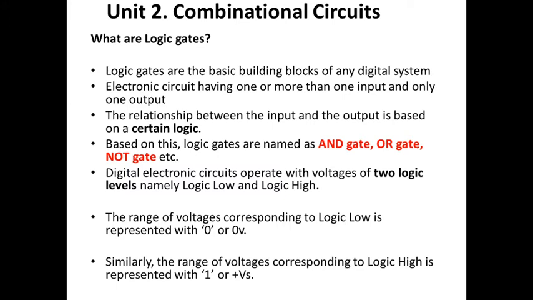Digital electronic circuits operate with voltages of two logic levels, namely logic low and logic high. The range of voltages corresponding to logic low is represented with 0 or 0 volt, and range of voltages corresponding to logic high is represented with 1 or plus 5 volt.